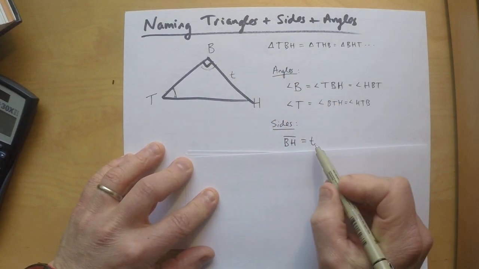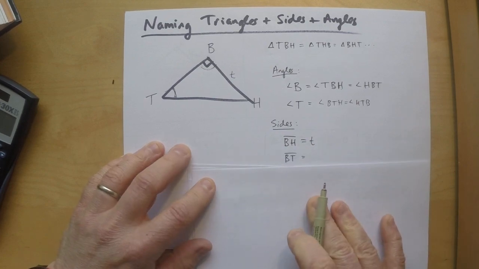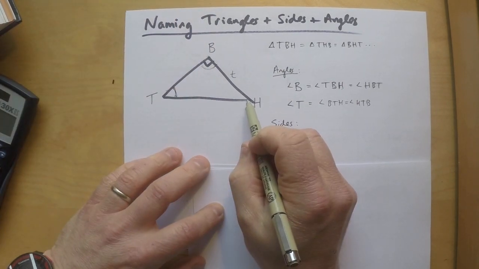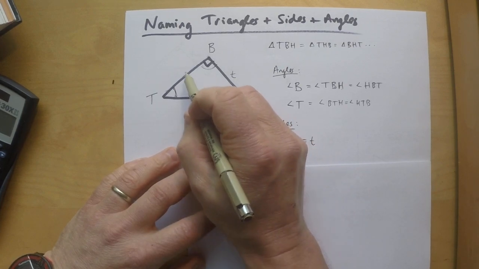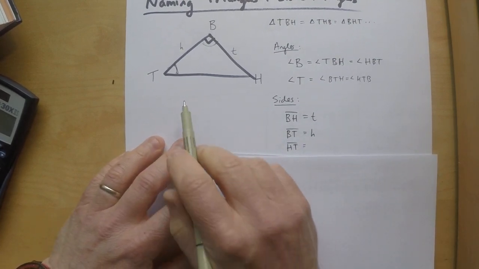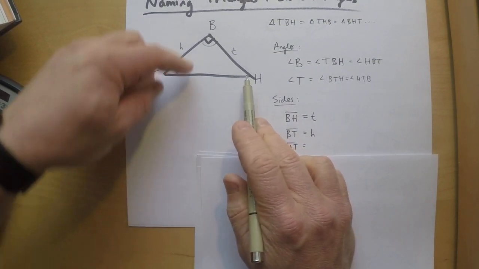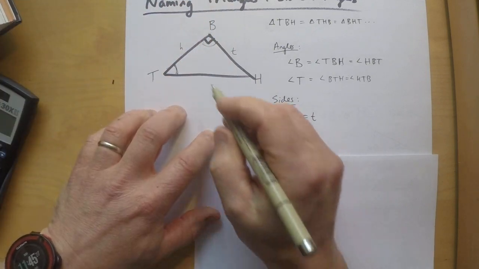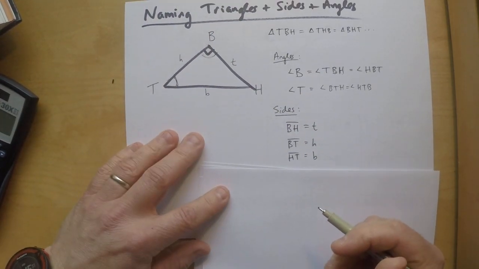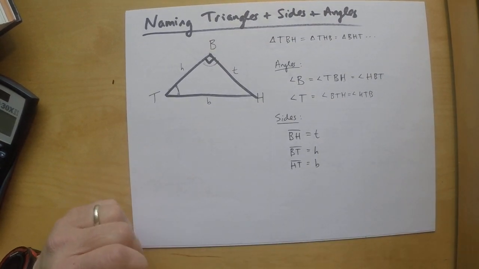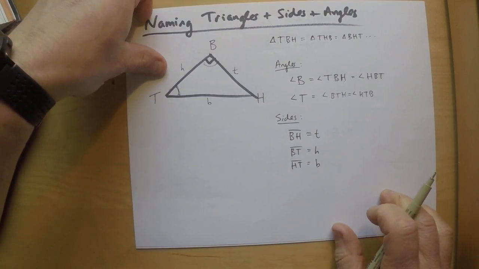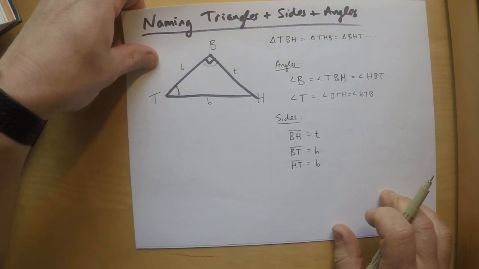If you were asked to find BT, this length here, you could also refer to it as across from this angle, little h. And HT could also be referenced as across from that angle, little b. Those are the ways the questions might be asked, and if you know what they're asking, then at least you can jump into the trig. If you don't know what they're asking, then you're handcuffed.